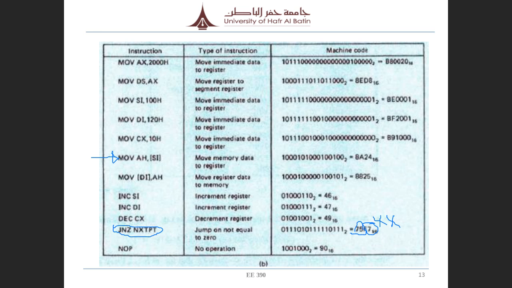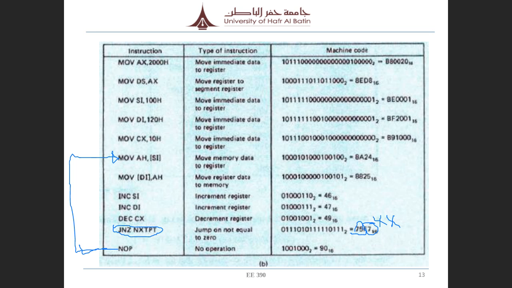When the microprocessor is performing the execution of this line, the instruction pointer is holding this line. So how many memory locations does it need to go back from here to here?